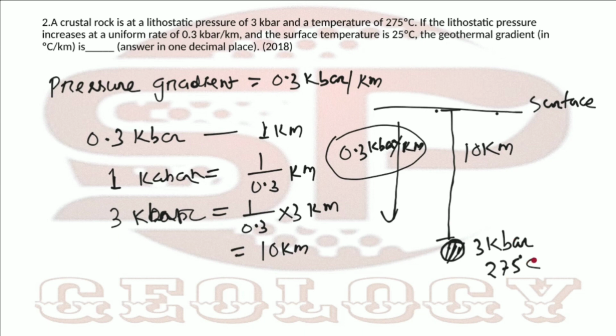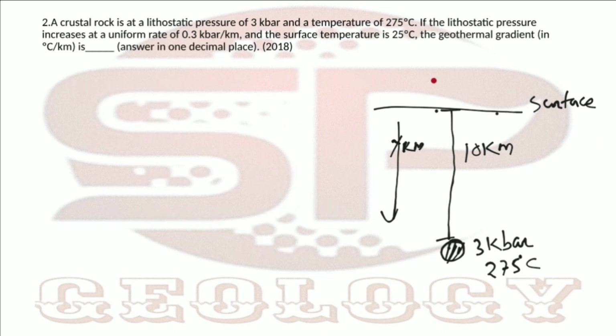So at 10 kilometer depth, it has a temperature of 275 degrees centigrade. We have to calculate the geothermal gradient, in degrees per kilometer. The crustal surface temperature is given as 25 degrees centigrade. As it goes downward, it is experiencing 275 degrees temperature here.